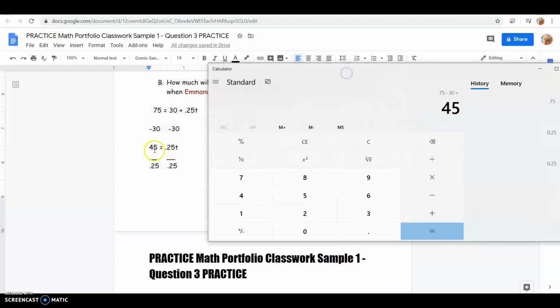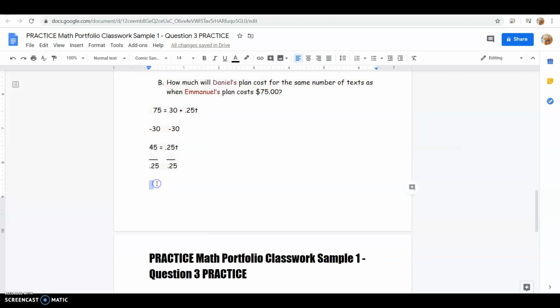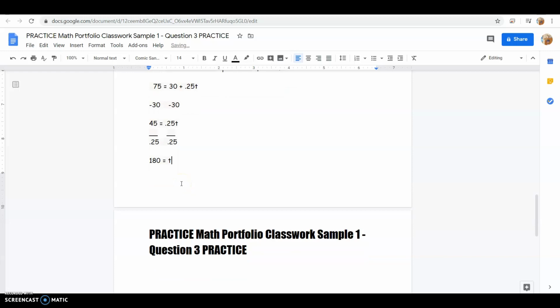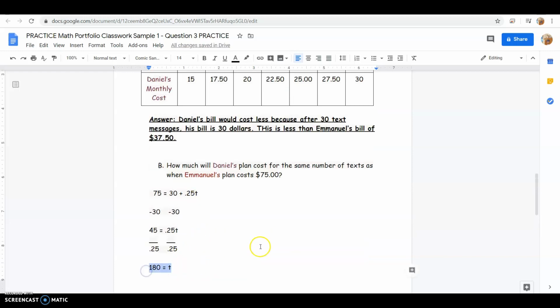We have 45 divided by 0.25. Don't forget that decimal point. And that equals 180. Now 0.25 divided by 0.25 is 1. So we could just have that equal to t. And t is equal to 180. So that's the number of text messages sent.